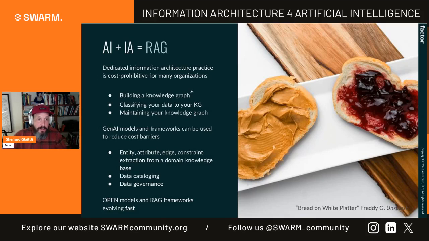And AI itself also complements information architecture. One of the things about information architecture as a practice is that there are parts of it that have been cost prohibitive, like building a knowledge graph. These are things that generative AI can assist with. However, I have put an asterisk here to indicate that building a knowledge graph from scratch using a large language model is probably going to take you more time than if you rather use the large language model as a springboard for building your knowledge graph.